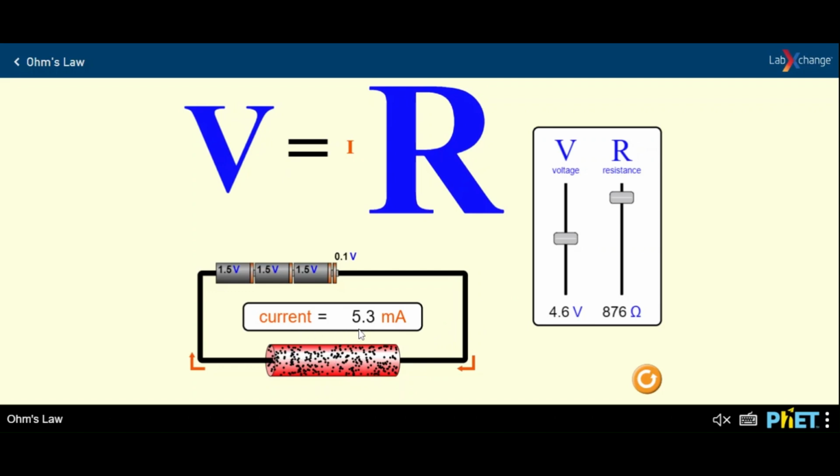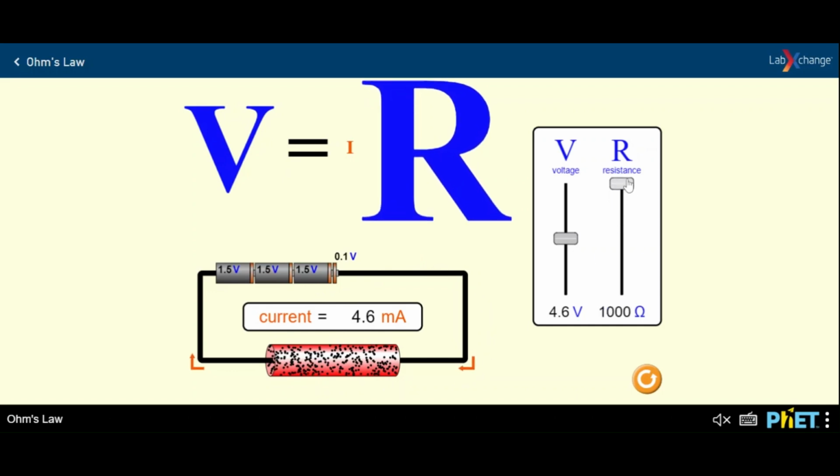So I am creating more opposition here to the rate of flow of charges. If I increase my resistance here, I am reducing the rate of flow of charges. And you know what? Current is the rate of flow of charges. So if I'm increasing resistance here, I am reducing the rate of flow of charges, and consequently it will affect the current.